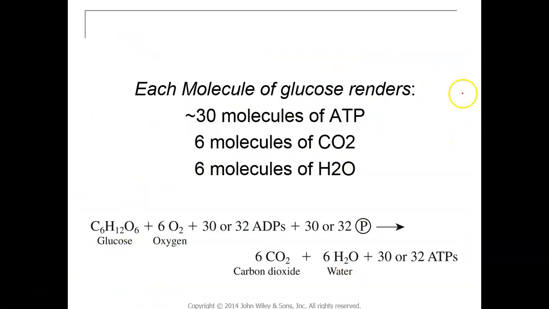So we see each molecule yields right around 30 molecules of ATP, and we utilize 6 molecules of carbon dioxide, 6 molecules of water. This is why we convert water as well as CO2. On a daily basis, around the clock, we are constantly producing CO2, so it has to be gotten rid of.